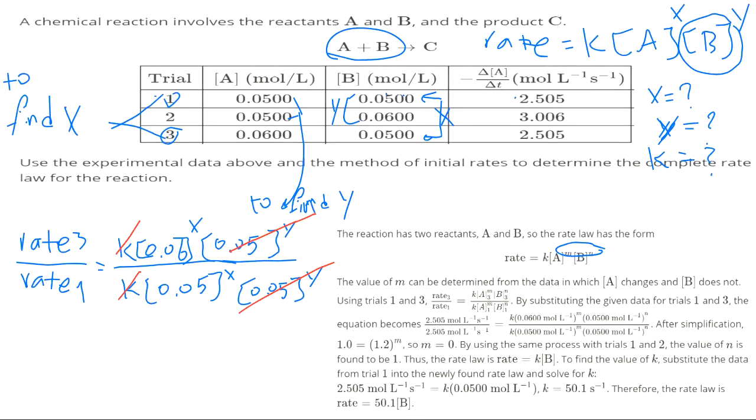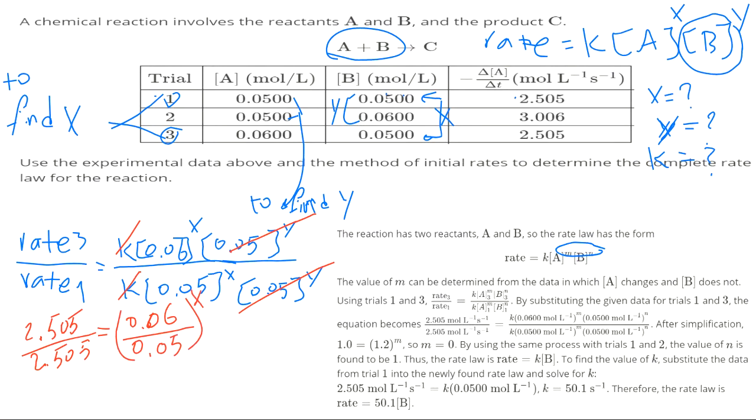So what you have here, rate 3, which is 2.505 over 2.505, equals 0.06 over 0.05 to the power of X.